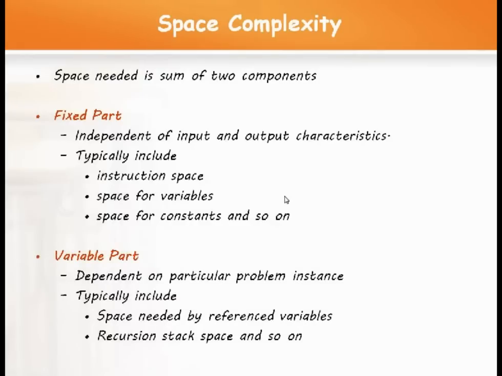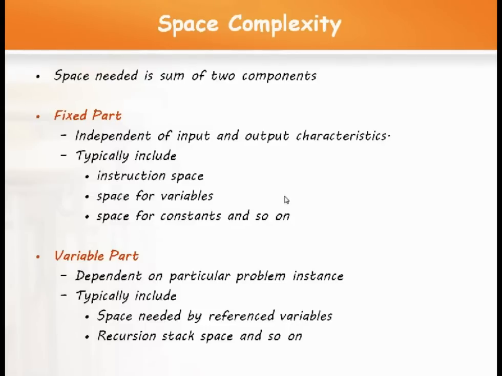Fixed space is independent of the input and output supplied to the algorithm. Example, instruction space: the number of instructions will be fixed. Space for the variables is also fixed. The space for the constants is also fixed. Such space requirements come under fixed space.